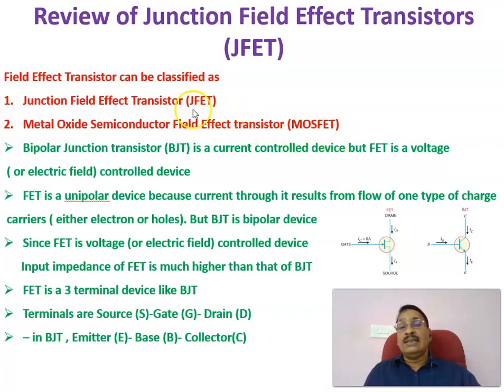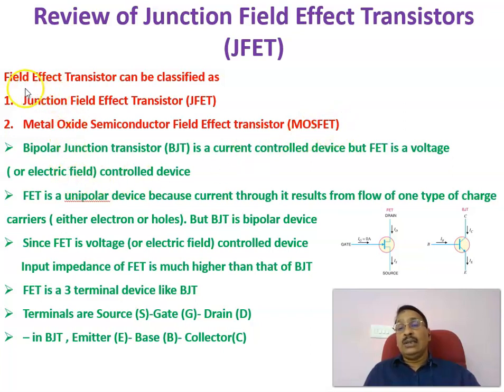Therefore JFET as well as MOSFET are the two classifications of field effect transistors. And MOSFETs themselves have two types that we'll be seeing in the next presentation, that is depletion type MOSFET and enhancement type MOSFET.